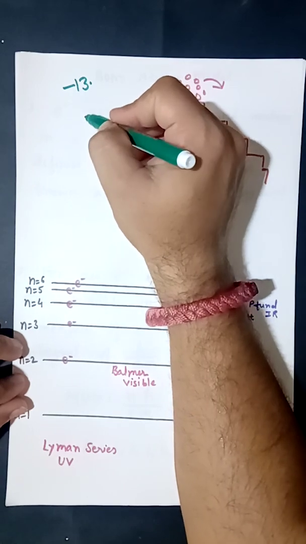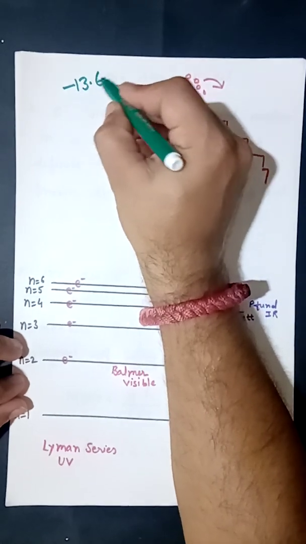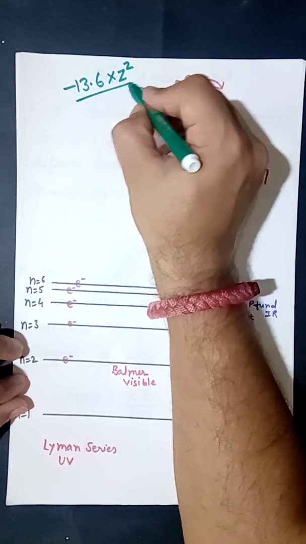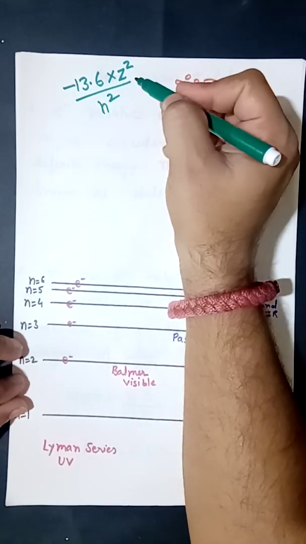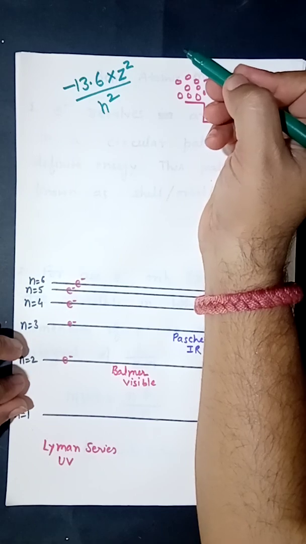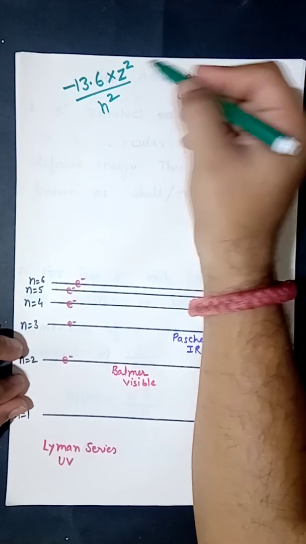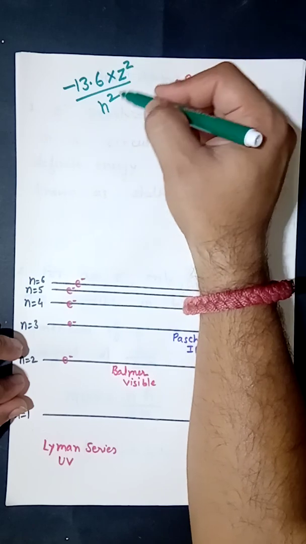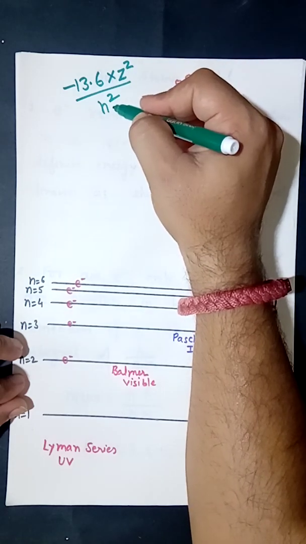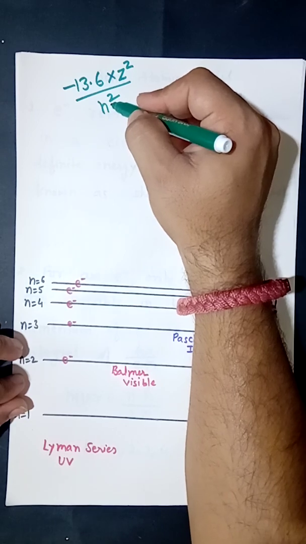The Bohr formula for energy is minus 13.6 into Z square upon n square. This formula is given by Bohr to calculate the energy of an electron in the atom, where Z is the atomic number and n is the number of shell.